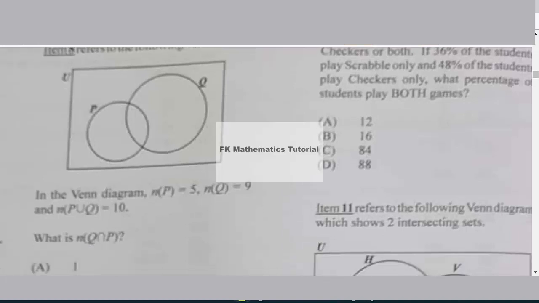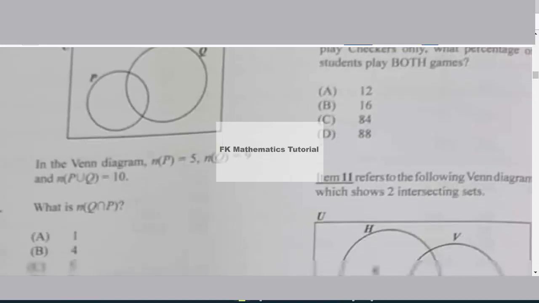Number 8. Item 8 refers to the following Venn diagram. So you can see the Venn diagram, two intersecting sets P and Q, and the universal set, the rectangle. In the Venn diagram, number of P is 5, number of Q is 9, and number of P union Q is 10. What is number of Q intersection P?